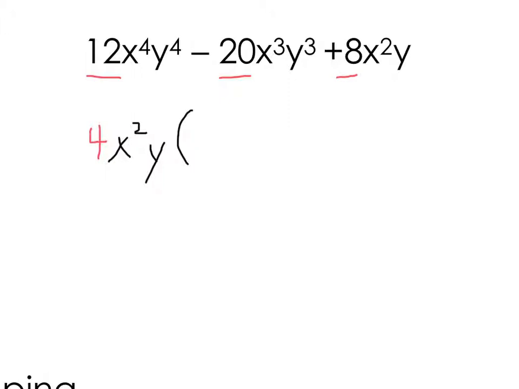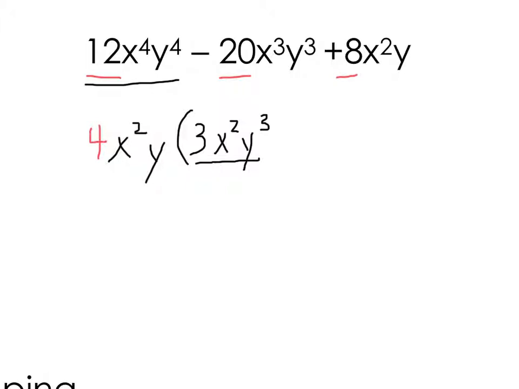If you factor out 4x squared y, what do you have left? 4 times what gives you 12? 3. X squared times what will give you x to the 4th? We're trying to figure out what to put in here so that when we multiply, we get 12x to the 4th, y to the 4th. So we need 3, we need x squared, and we need y cubed.